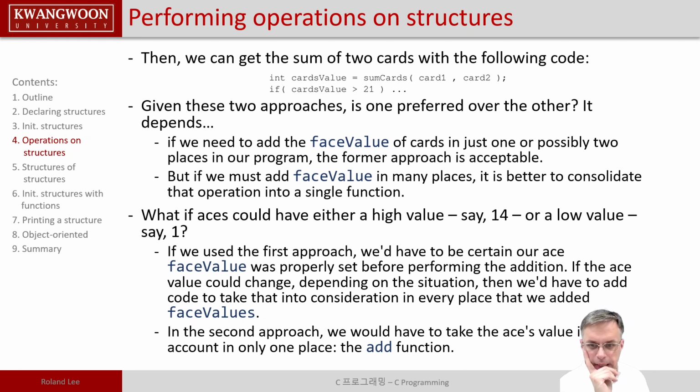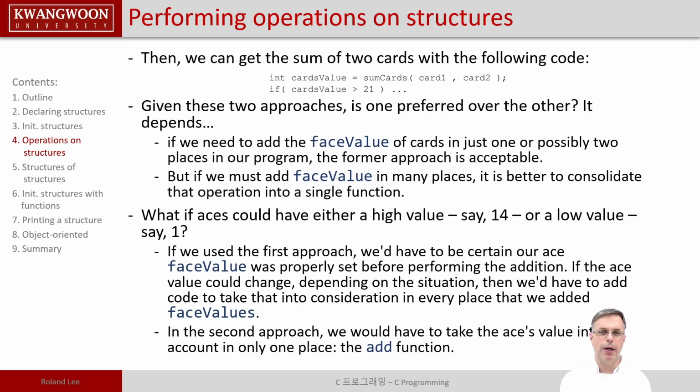Now that we can get the sum of 2 cards, integer card value, sum cards, right, we get it. Given these 2 approaches, is one preferred over the other? Well, it really depends on a number of factors. First, we need to add the face value of cards in just 1 or possibly 2 places in our program.